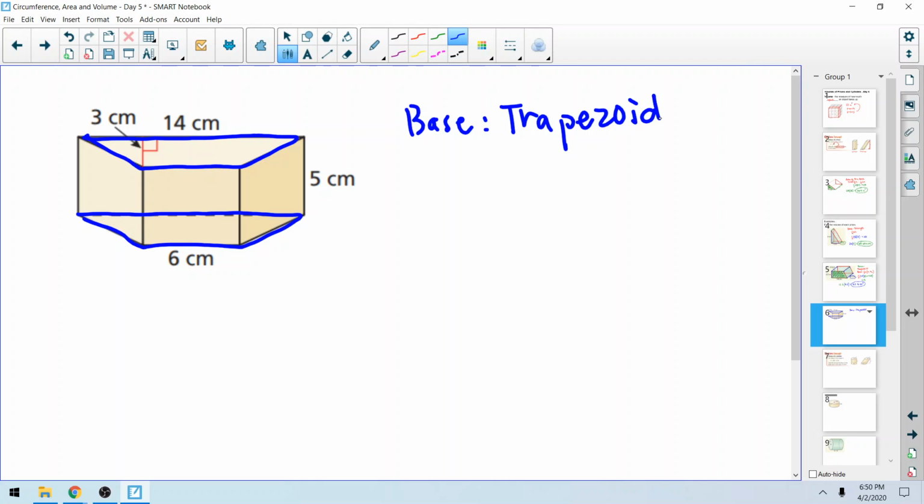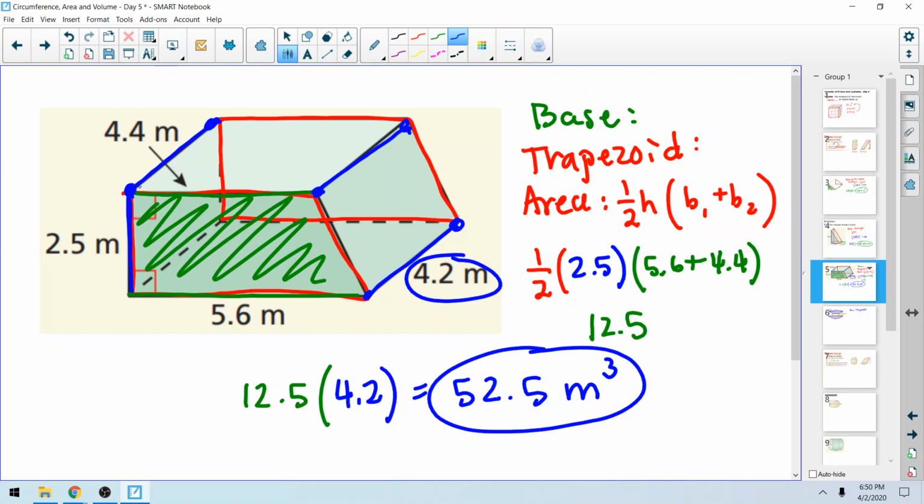In order to be a trapezoid, the only qualification is that it has two parallel lines. So this top line is parallel to this line, and then the other two sides do something else. That's a trapezoid.